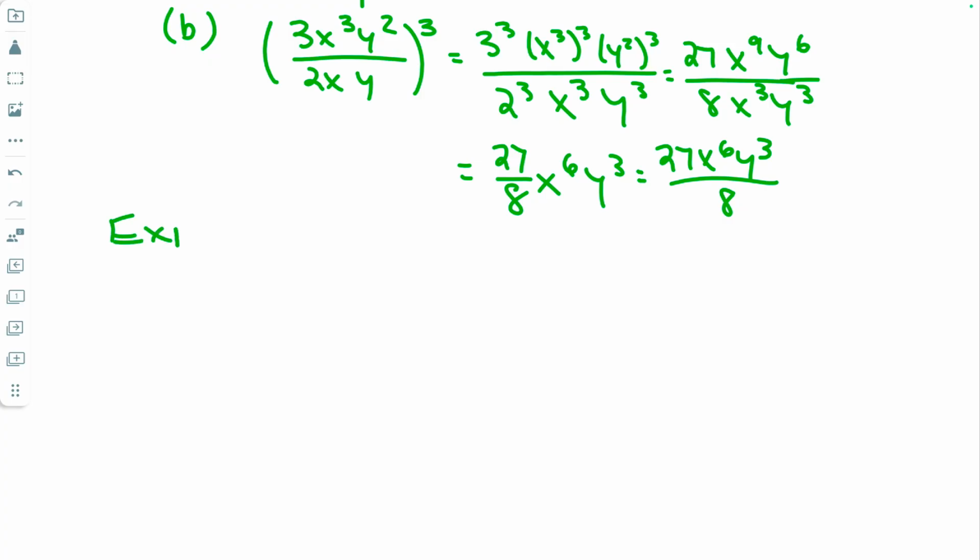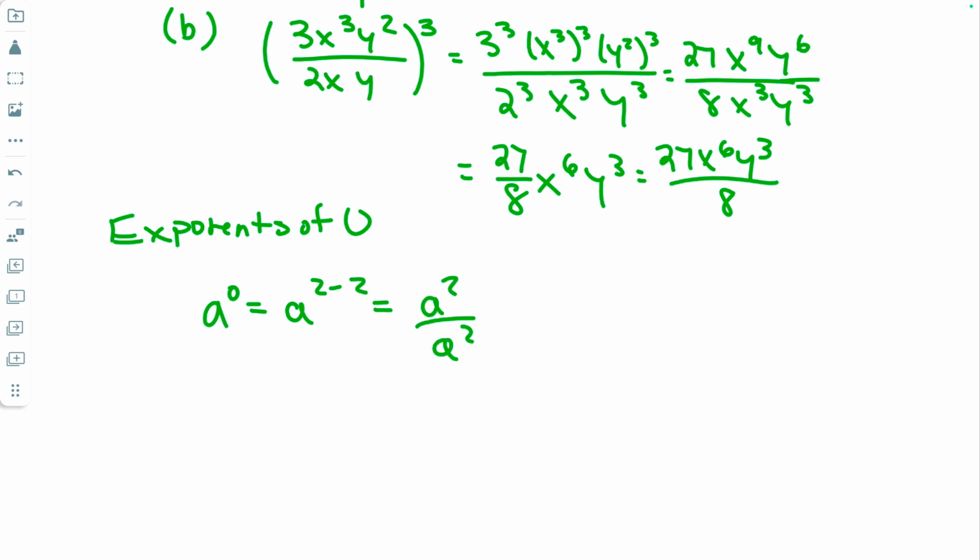Now we need to talk about exponents of 0. When we have an exponent of 0, this is coming from an expression that would look something like this. If the exponent is 0, then that means we are subtracting the same number.